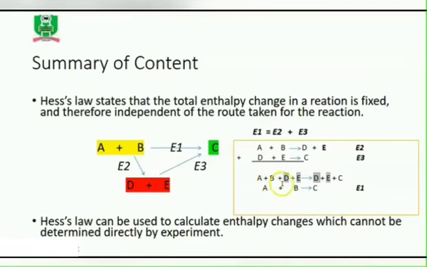So therefore we can eliminate both species D and species E, and what that will therefore result in, on our left hand side what we'll have remaining after D and E have been eliminated would just be A and B. And over on the right hand side, after D and E have been eliminated, what remains is just C. And so what we have here is A plus B giving C. In other words, the sum of these two equations, which are the equations involving the indirect route, are actually equal to the equation of the direct route.